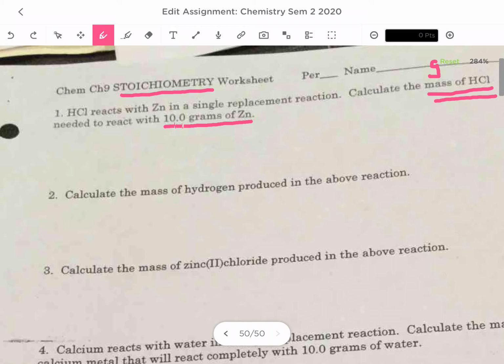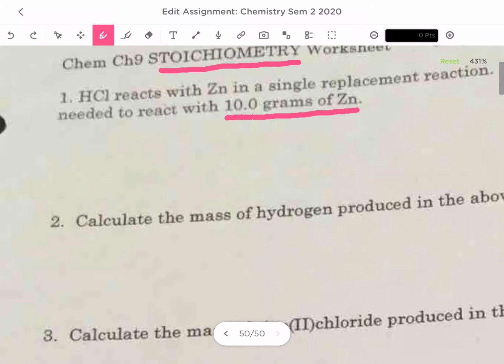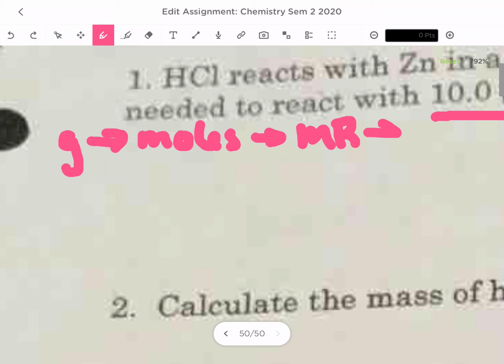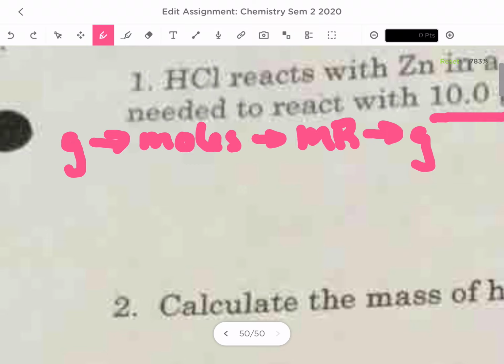Now, if you remember the pattern of this type of problem, it's grams to moles. Then you have to use a mole ratio, and then you have to convert back to grams.